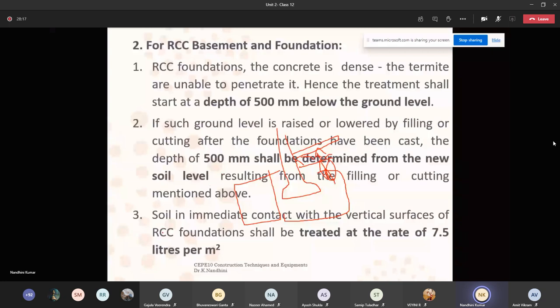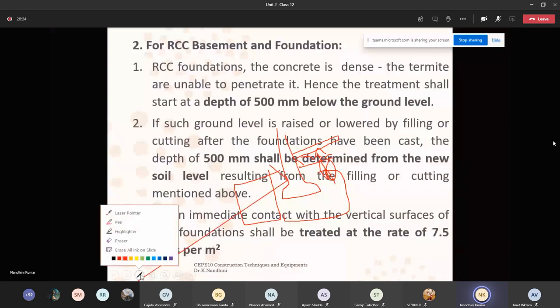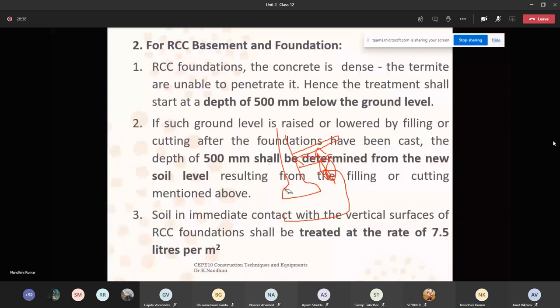soil in immediate contact with the vertical surfaces of the RCC foundations shall be treated. This is your foundation.